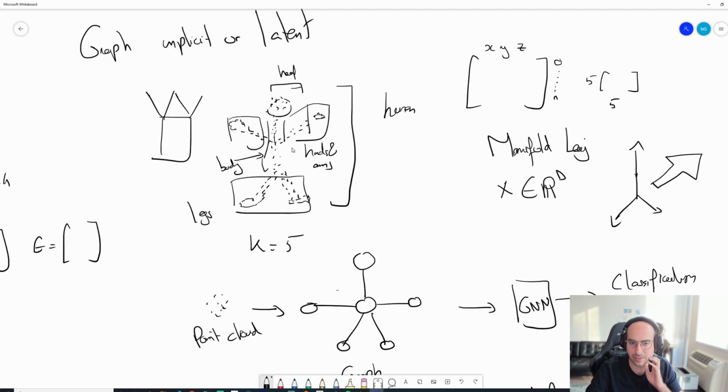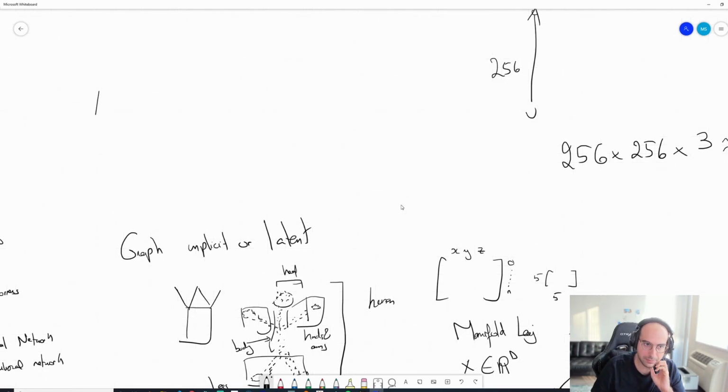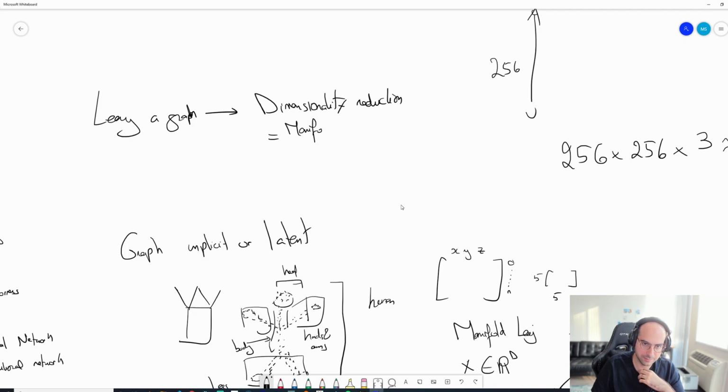So even though it doesn't immediately seem like it, learning a graph is basically a form of dimensionality reduction. And when you hear dimensionality reduction, this is similar to manifold learning. It means the exact same thing.